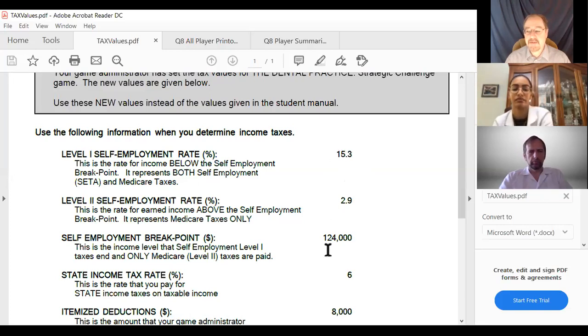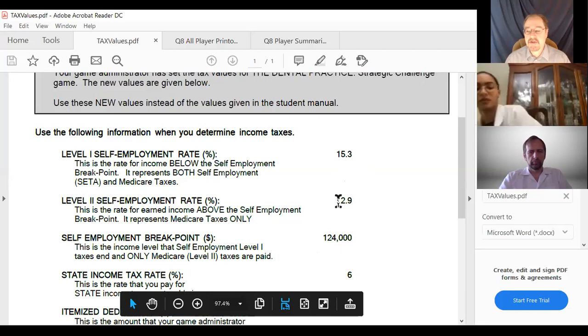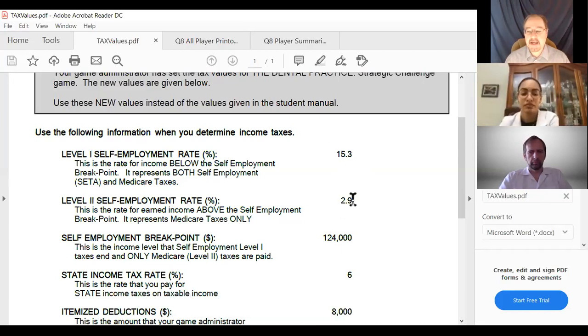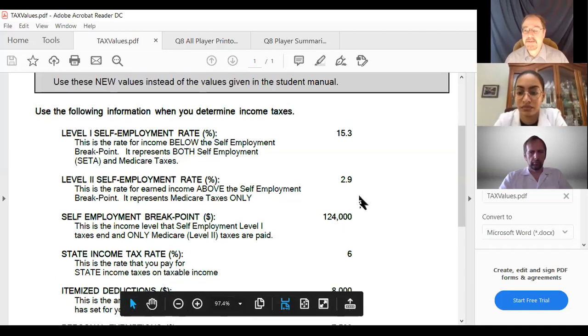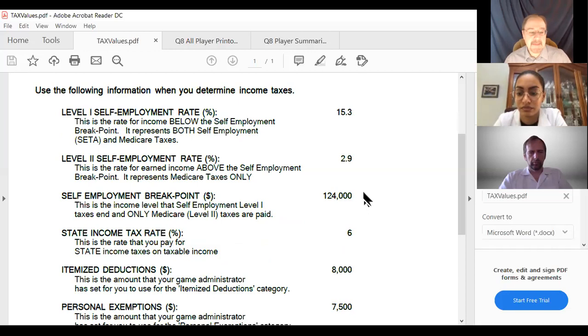Once your income reaches a certain threshold, you don't owe Social Security anymore, but you do owe Medicare forever. That didn't used to be the case. That was changed maybe 15 years ago. It used to be that when you got to that threshold, you didn't owe this anymore, but Medicare is running out of money, and so they had to tax people who make more to pay for that.